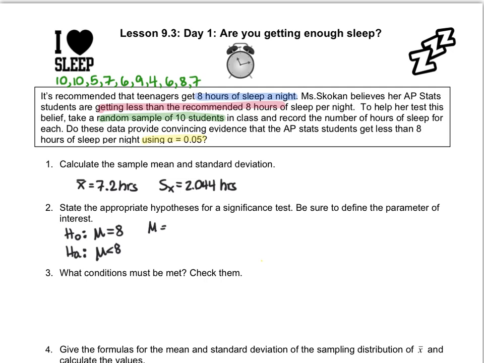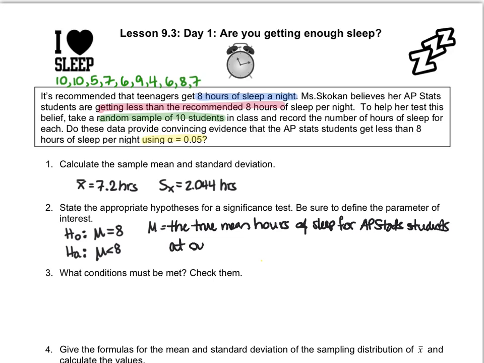Mu is representing the true mean hours of sleep for AP Statistics students at our school.